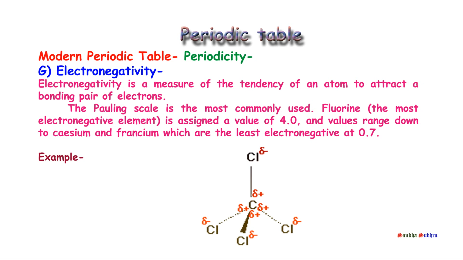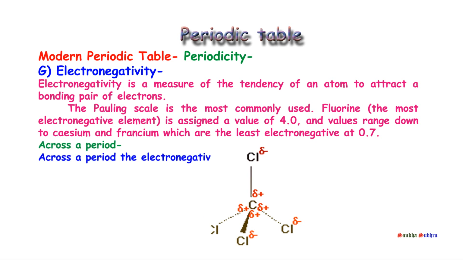As a result, they attract the bond pair electrons towards themselves and become slightly negative charged, that is delta minus. In this way, the 4 chlorines are slightly negatively charged, and the carbon is slightly positive charged, and such configurations are shown in electronegativity.